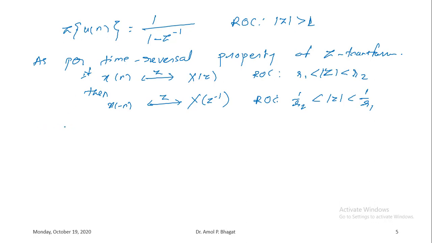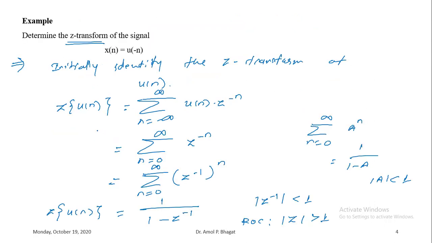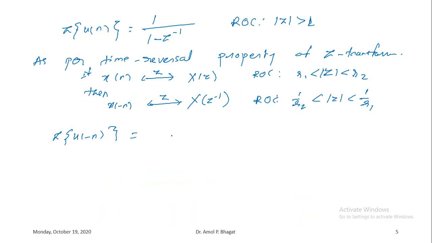As per this time reversal property of z transform, the z transform of u of minus n, because we want to determine the z transform of u of minus n, will be simply x of z inverse. Wherever there is z, I will replace it with z inverse.